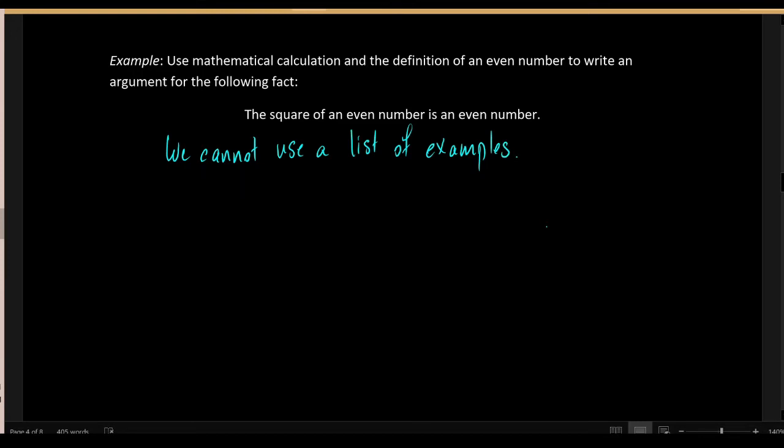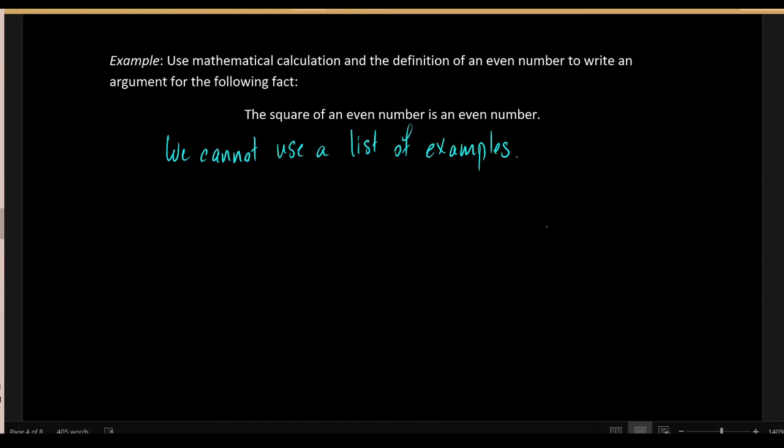If we try to persuade the skeptic using just a list of examples, they're always going to have something to say to us. If we show them that 2 squared is 4, and 4 squared is 16, and 6 squared is 36, they're going to say, okay, well, what about 8 squared? What about 10 squared? What about 12 squared?